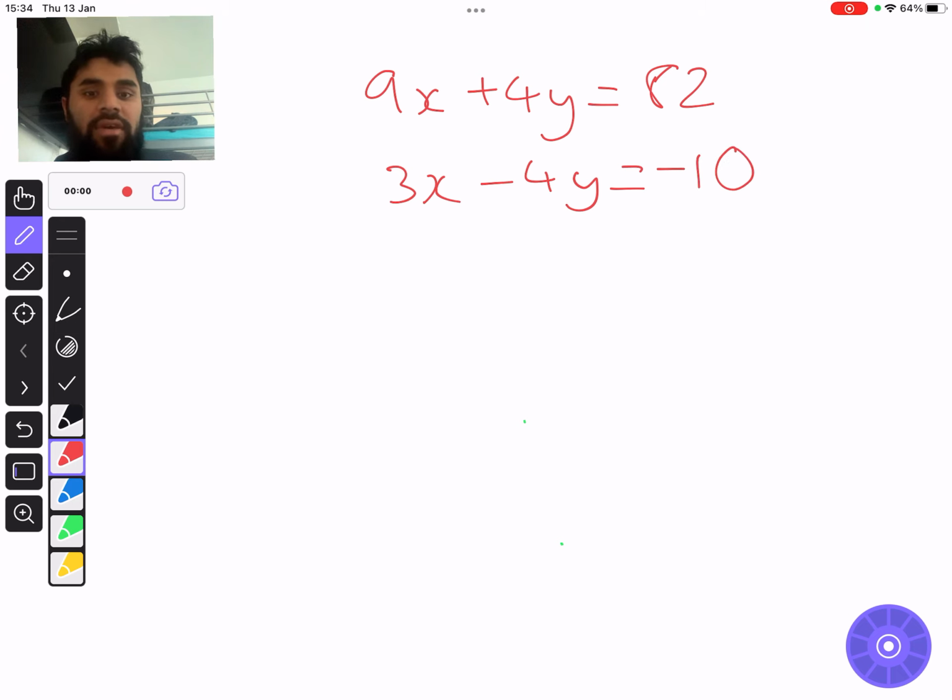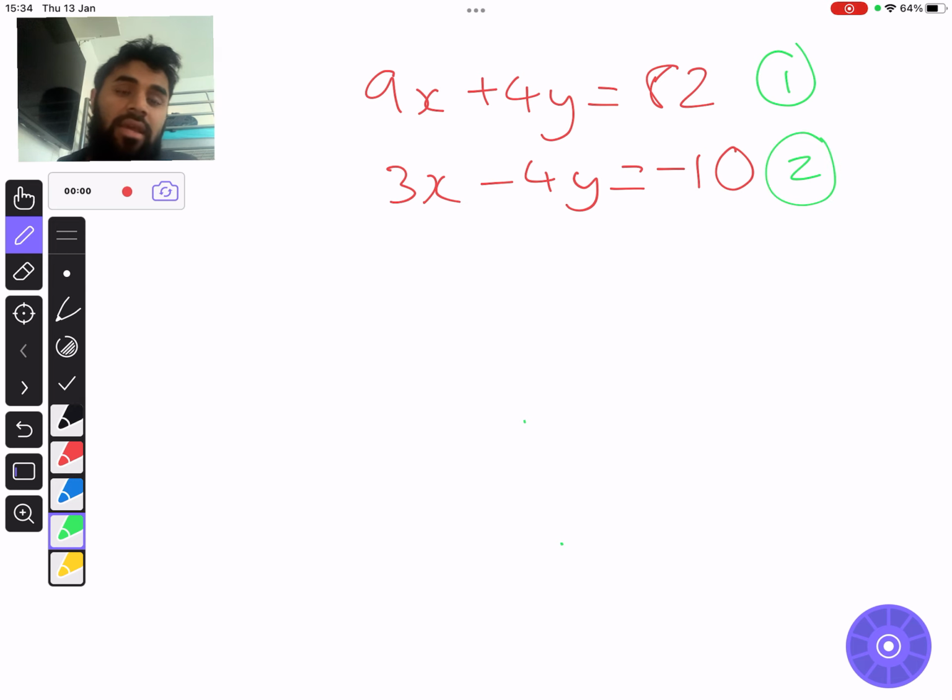So again, the first thing we do with any simultaneous equation is label the first one 1 and the second one 2, to make it very easy for the examiner in the exam to understand. Now, if I ask you what is the same in these two equations relative to the last one, and what is different?